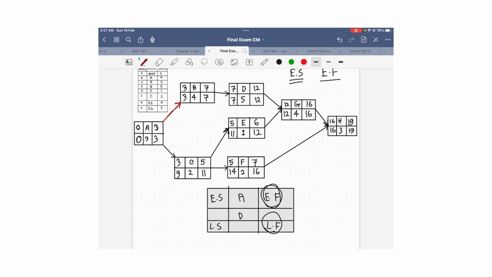So this is the critical path that I'm going to show. Sorry, not this one. This is actually the critical path of this network diagram, and this is the way that we can show the critical path. Thank you so much.